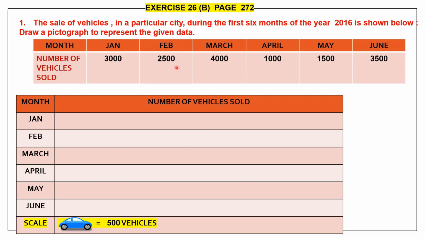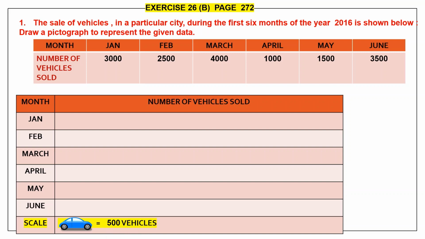So you need to think of a number which can divide all these numbers. All these can be divided by 5, and by 10, but you need to think of a big number. The biggest that we got is 500. So every time I draw one car, it will represent 500 vehicles.